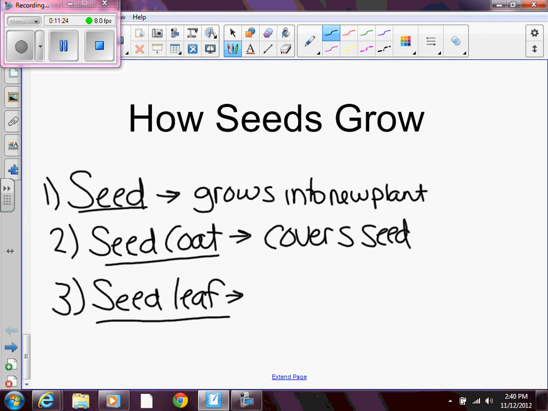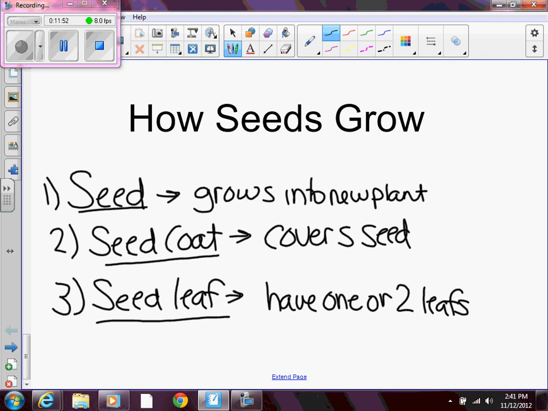They could have one or two seed leaves. Right. And what does it do? It uses food from the seed.